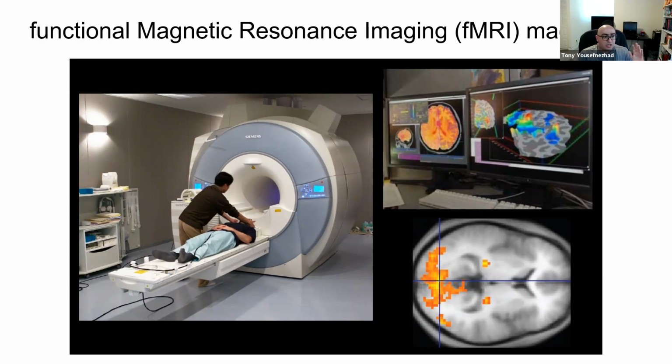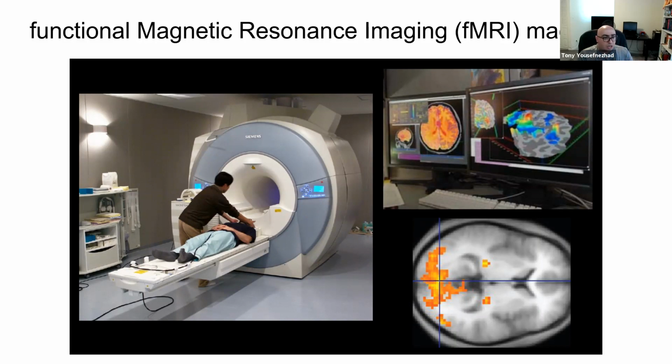One shows the anatomy of the brain, like the tissue, gray matter, white matter, or CSF. At the same time, we have functional neuroimaging. Functional neuroimaging shows the neural activity, and fMRI is one of the best because it can provide both spatial and temporal resolution.